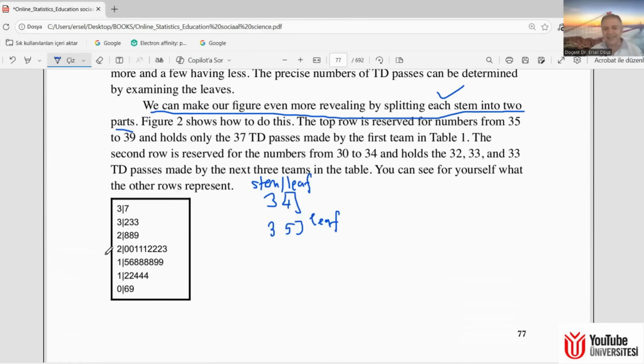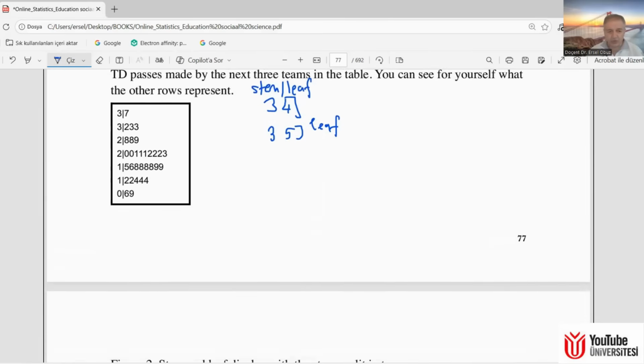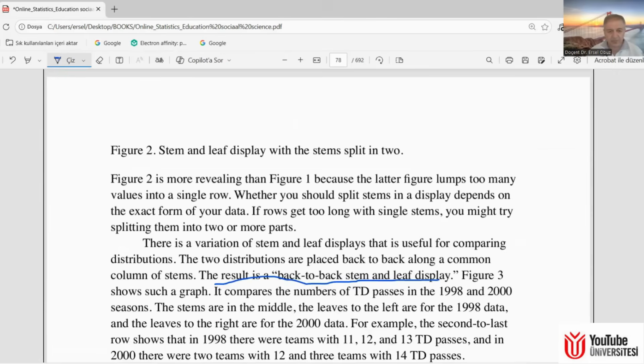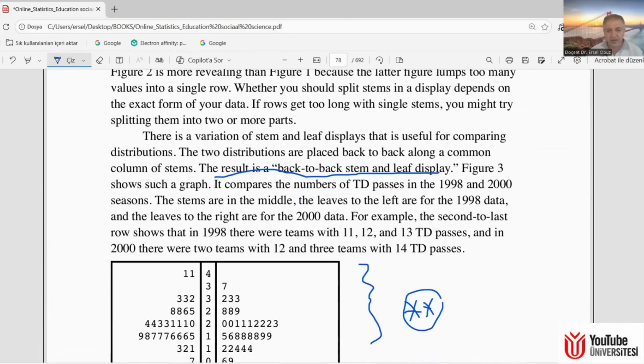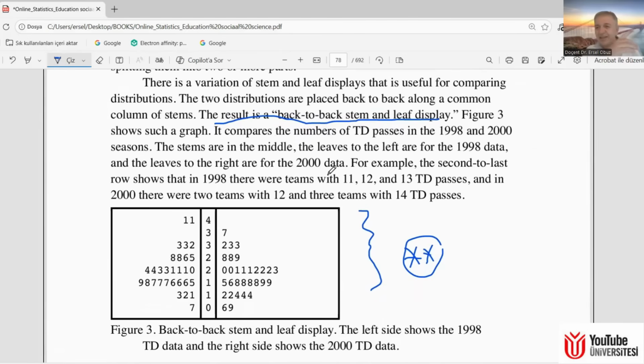It goes like this. You can see the data better when you have split the data. So that is the stem and leaf, but the data are split into two parts. That's a great way of showing the trend. It's called back-to-back stem and leaf display.